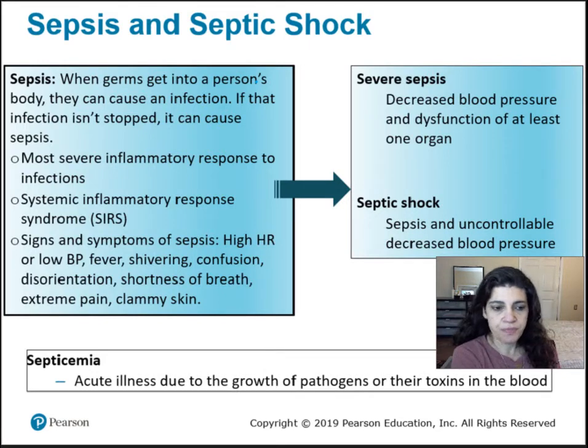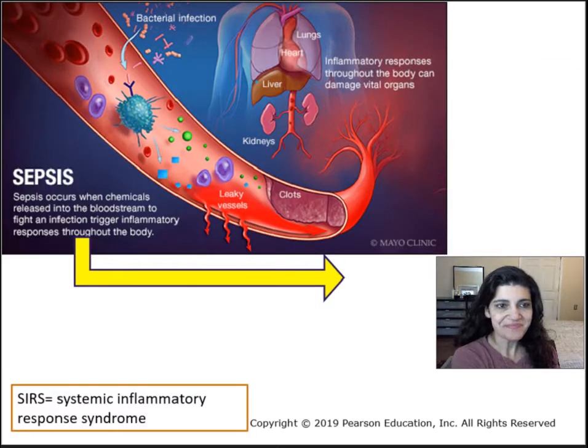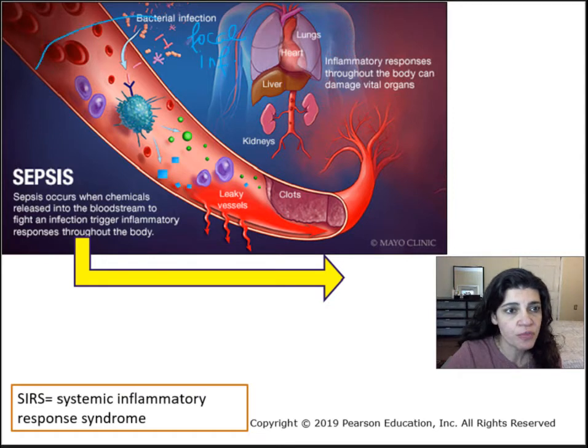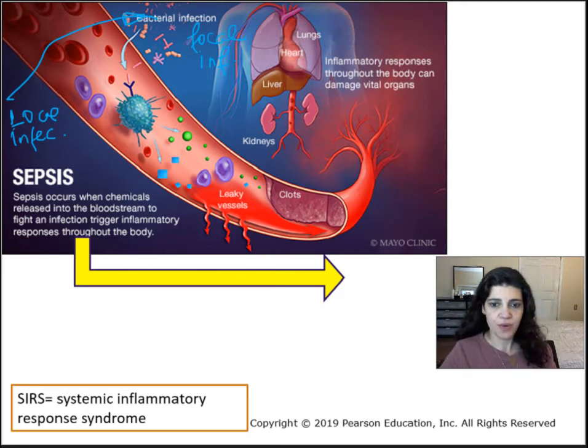Just one more image to make sure sepsis is clear. So I told you that from the focal infection, so this here would be the focal infection that came from, let's say, an initial local infection. The local infection caused the focal infection, right, in another part of the tissue.